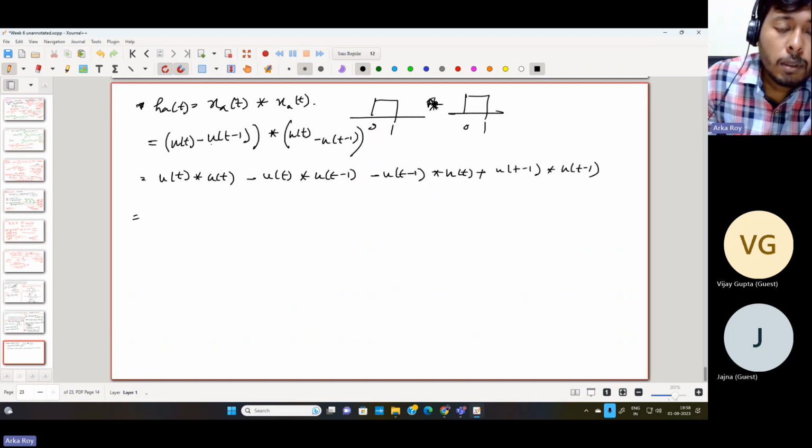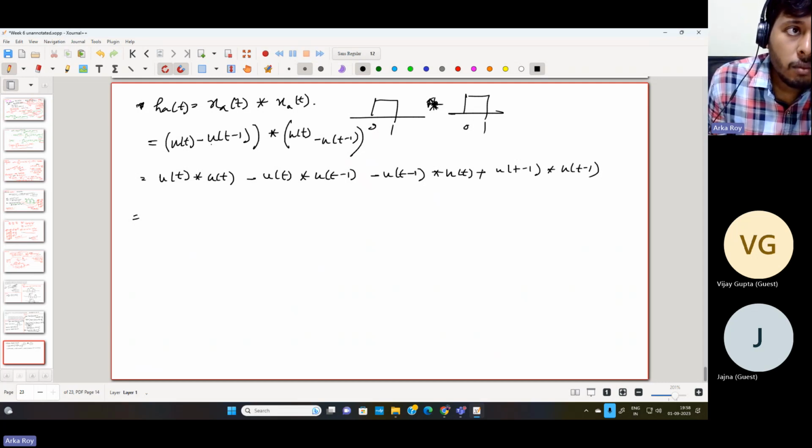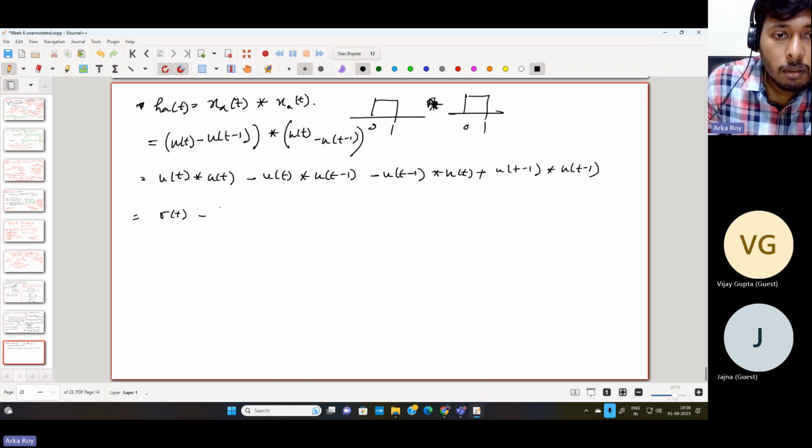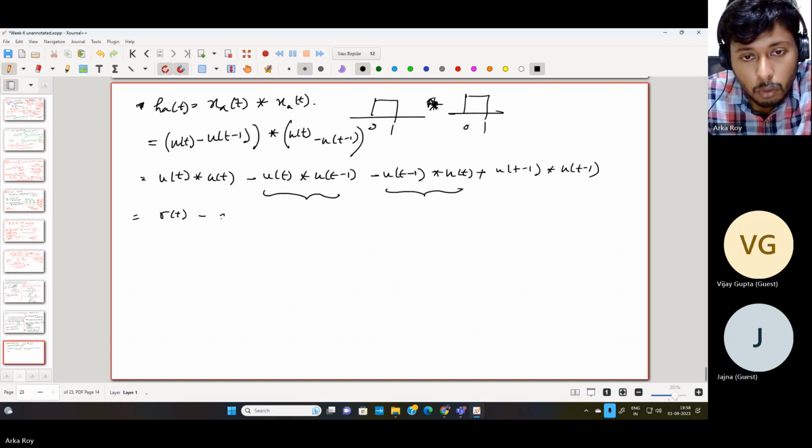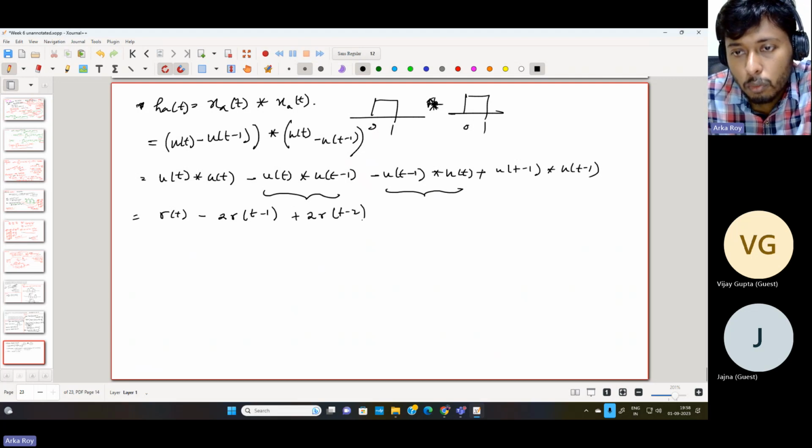So if we convolve the unit step function with itself, we'll get a ramp signal r(t), followed by these two, which are basically the same representation. So I can write it as 2 into r(t minus 1), plus 2 into r(t minus 2).